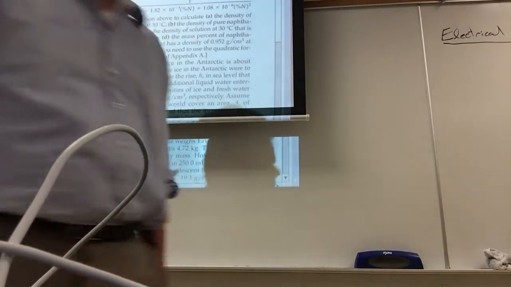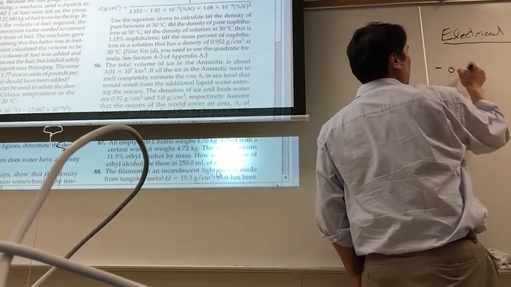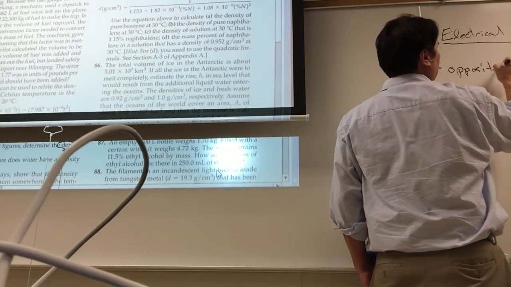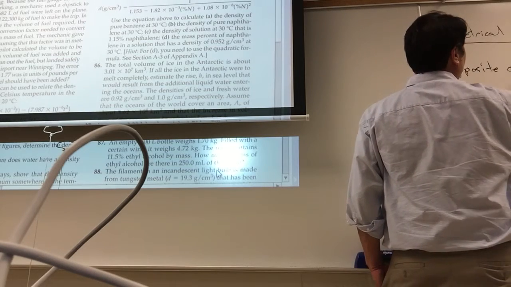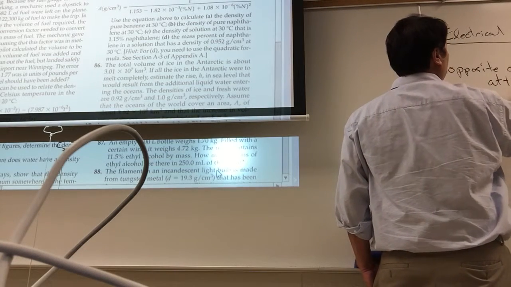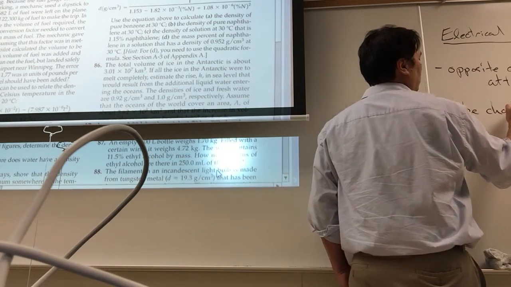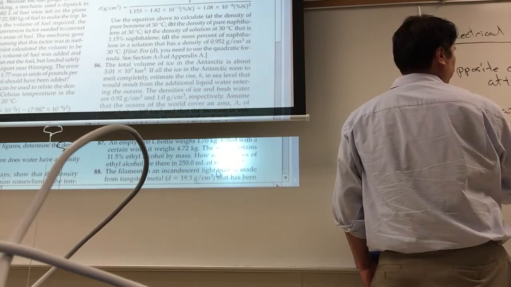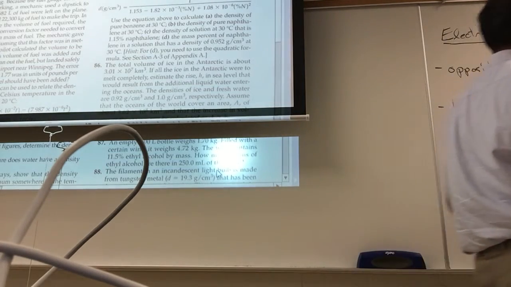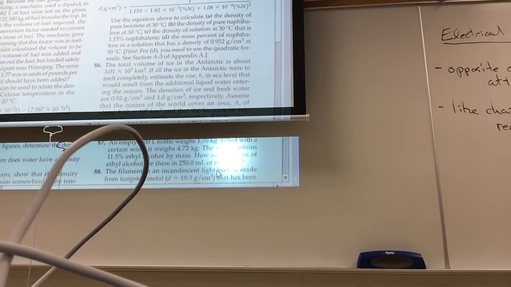And so electrical interactions can be summed up like this. Opposite charges attract, like charges repel. The force of this electrical interaction, which I'll call F, is given by Coulomb's law, which I'm just going to give you a simplified version of here.